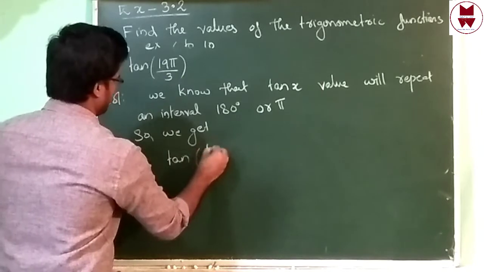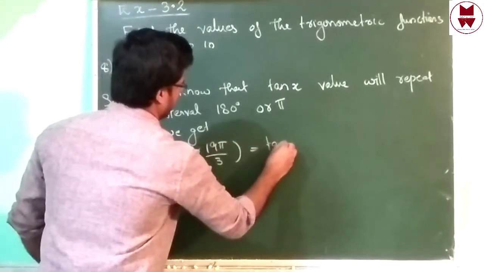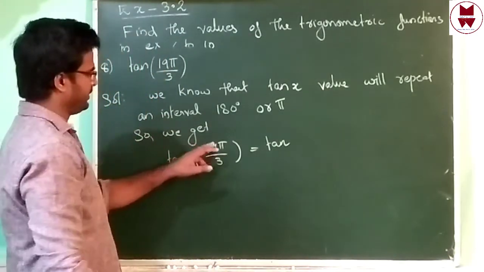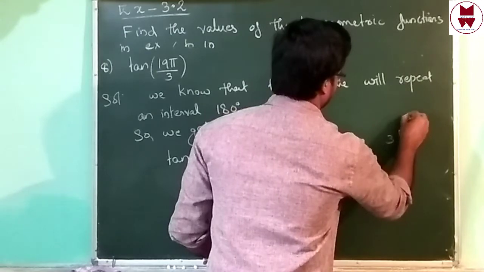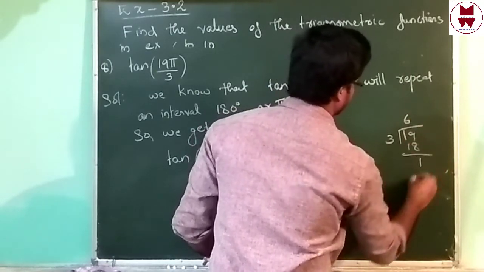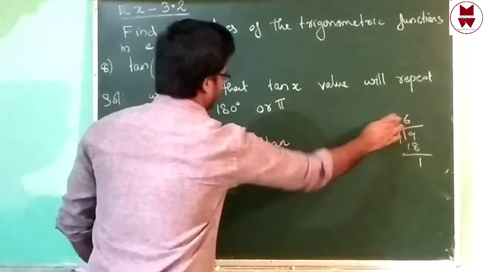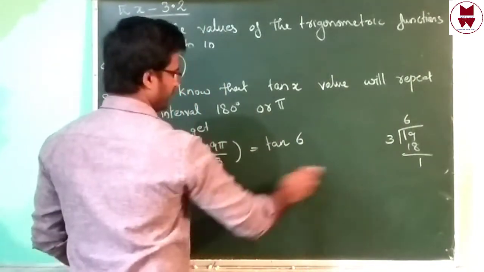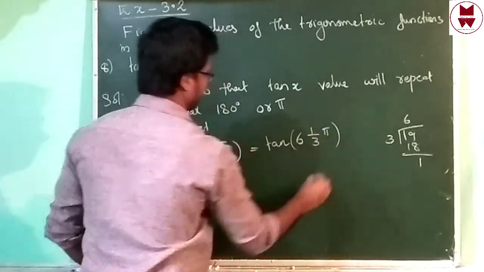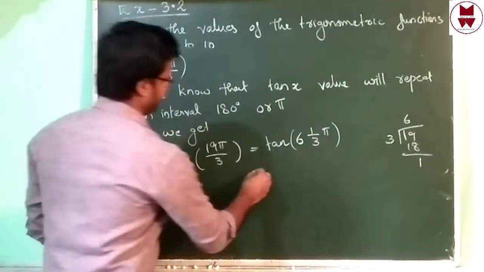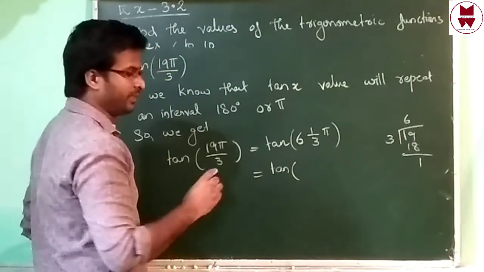Then we get tan 19 pi divided by 3, equal to tan, this 19 divided by 3, 6, 18, then 1. This 19 by 3 we can write, the answer is 6, then 1 by 3, 1 by 3 pi. Possible, isn't it? Then tan, this 6 1 by 3, what is 6 1 by 3?